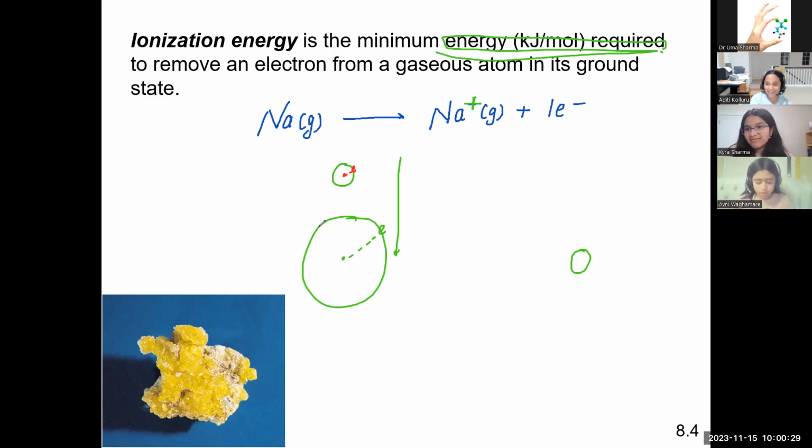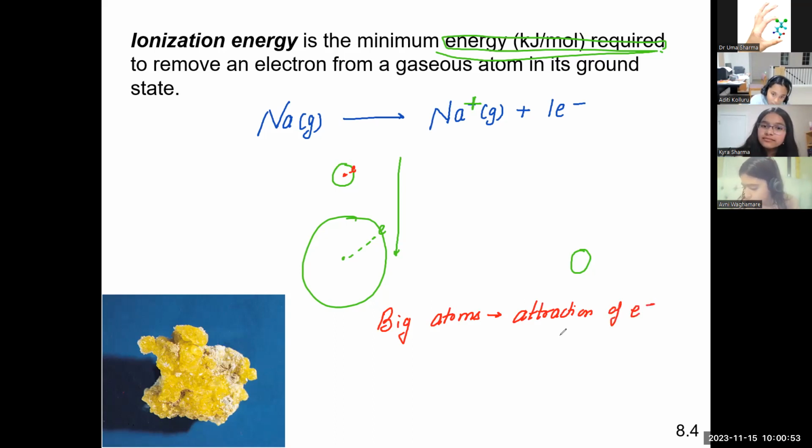Yeah. Okay, good. So the big one has low ionization energy. In big atoms, attraction of the electron with the nucleus is less.